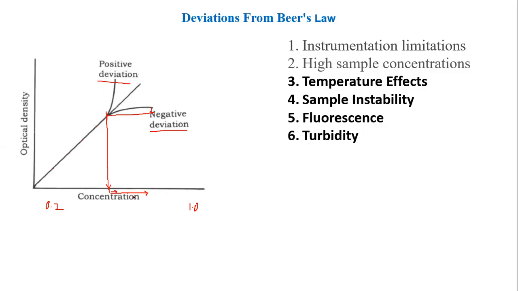Is this making sense? So the first situation is that when I increase the concentration a little bit beyond this value, there is a positive deviation. What it indicates is that there is a large increase in the degree of absorption with a very small change in concentration.